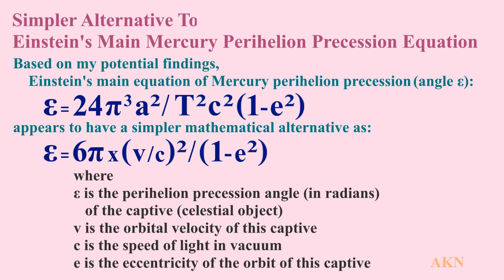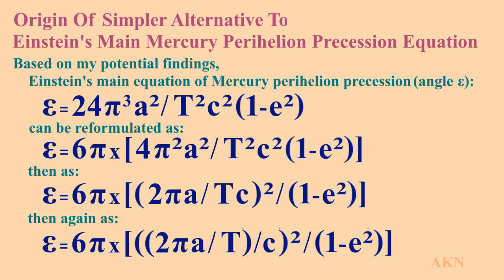Based on my potential findings, Einstein's orbital period-based equation of Mercury perihelion precession angle appears to have a simpler mathematical alternative that shows a ratio between the orbital velocity of the captive celestial object and the speed of light, as also shown here. On this screen and the next, I present all the steps that show the origin of my mathematical alternative.